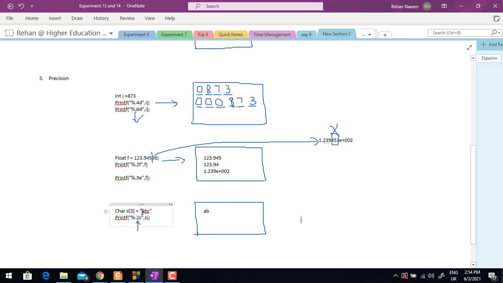And if precision number is used with the string, it will consider a specific number of characters and display them at the output. So you have to keep these 3 things in mind. You should know the effect of precision number on integer, on floating number, and on the string.